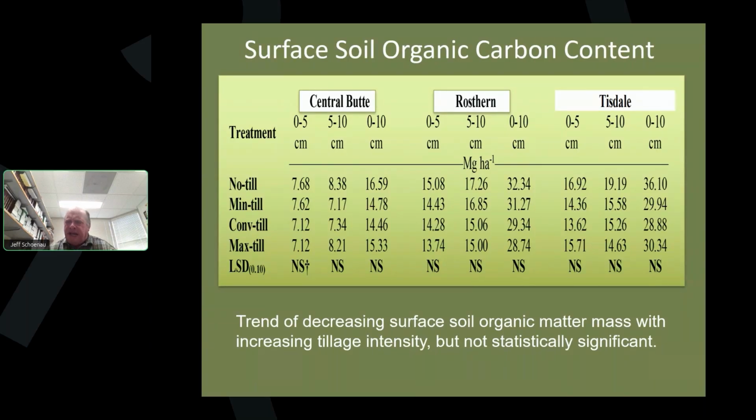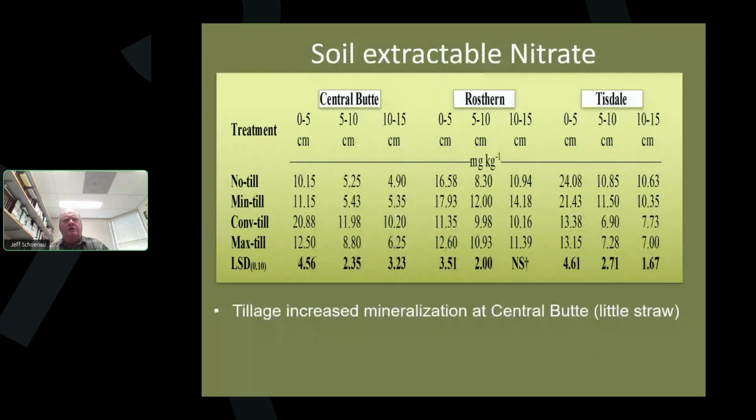Some of the other more dynamic properties that we looked at really did show more of an effect of the tillage operation. And one of the things that we looked at was the soil extractable nitrate. And the nitrate, following those different tillage operations in the spring after the last one was completed, at the Central Butte site, looking at the nitrate in the different depths, not a big effect, but maybe actually overall a little bit of an effect of increasing the nitrate content as a result of tillage, maybe reflecting increased mineralization because of breakdown of those aggregates.